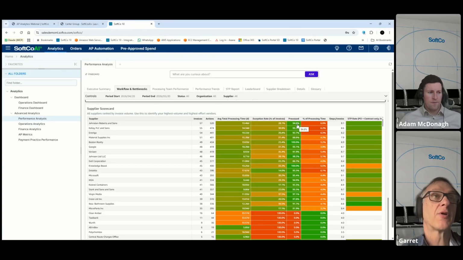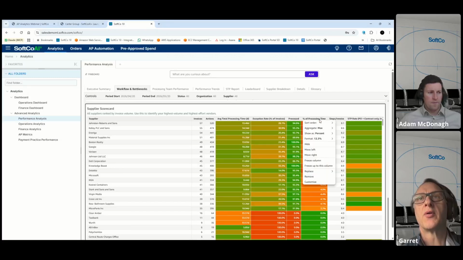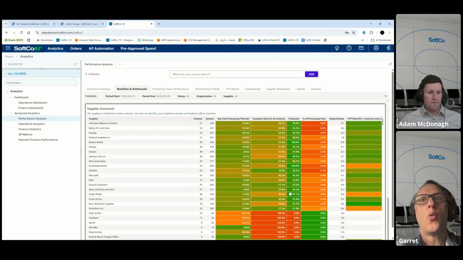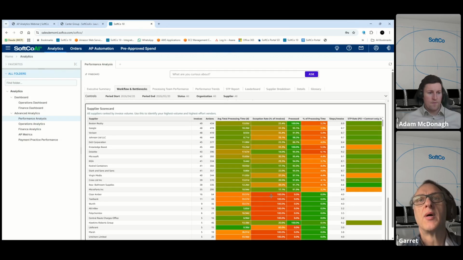That can first of all lead us to which suppliers are taking up most of our time. You may have a sense of that, but if we can give you specific data showing which suppliers take up most of our time and have the most exceptions, that can lead you to making process improvements and nipping stuff in the bud in terms of your supplier relationships.